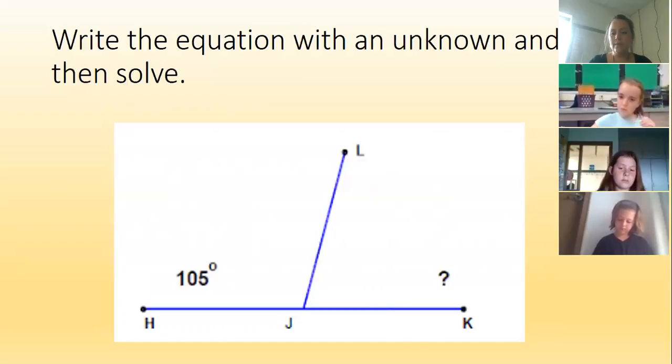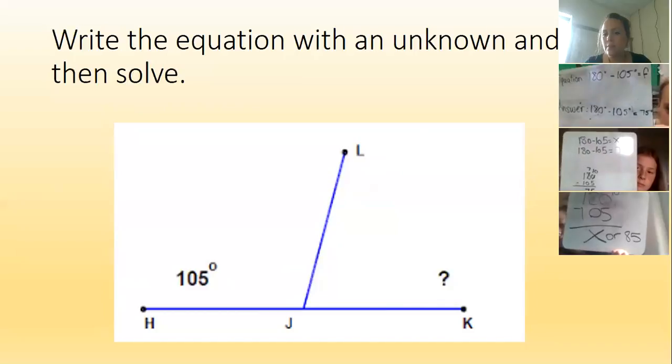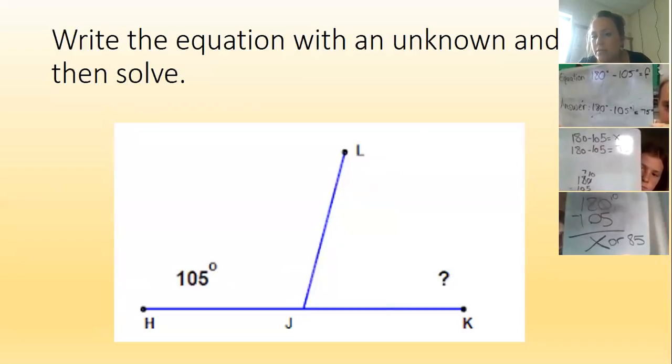Give me a thumbs up when you're ready. Awesome. All right, let's see your boards. And I see that we're taking the 180 degrees from the full angle, subtracting the 105 degrees to get our missing piece. And it looks like we have a couple different answers.